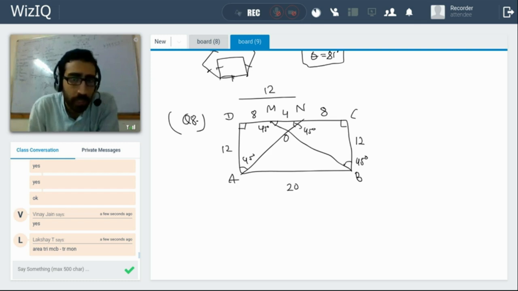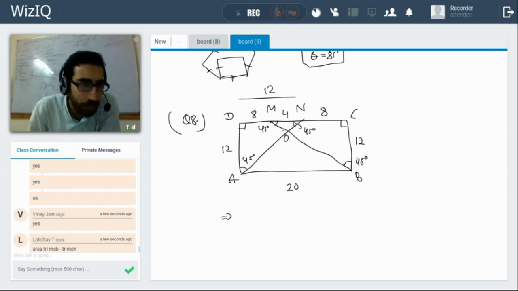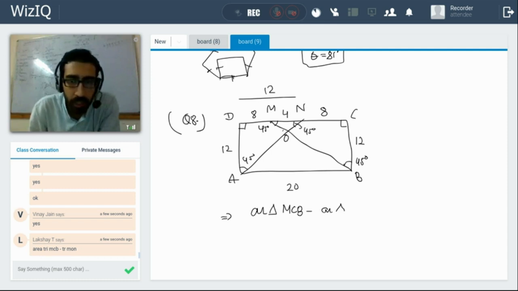Yeah. Why is that important? That is important because I can simply calculate, yes, indeed, Lakshay, area, simply calculate area of triangle MCB and subtract from it area of triangle MON.